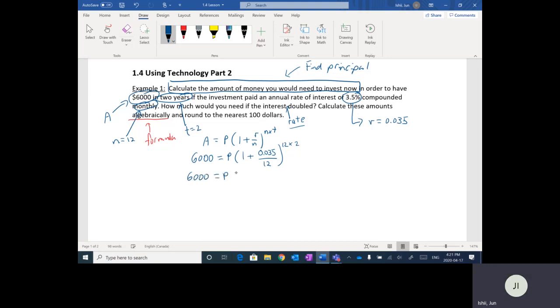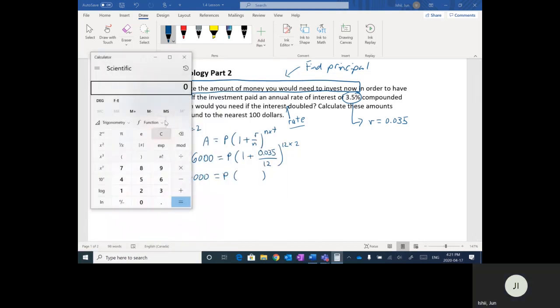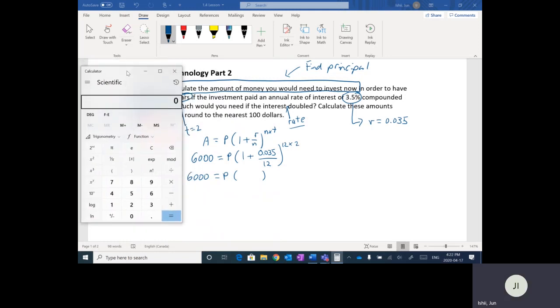what I'm going to do is the brackets first. Let's take the calculator out here. I'm going to go 1 plus 0.035 divided by 12.